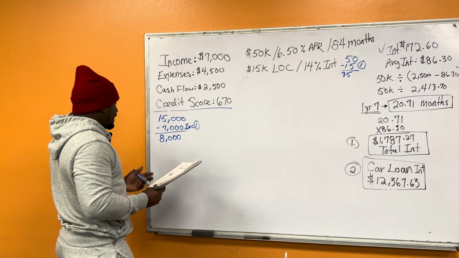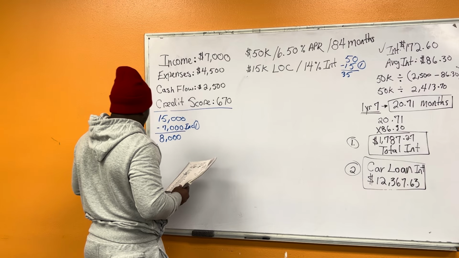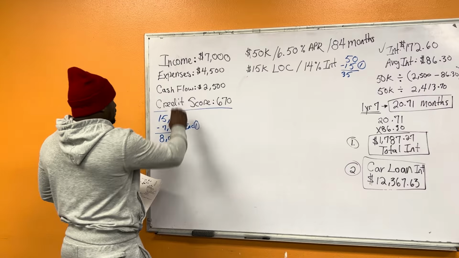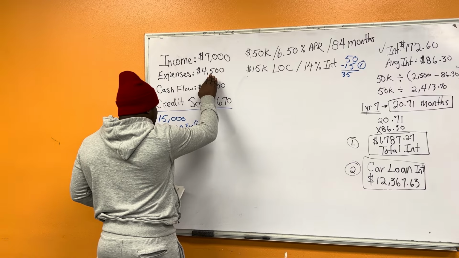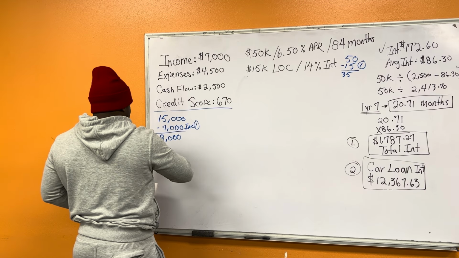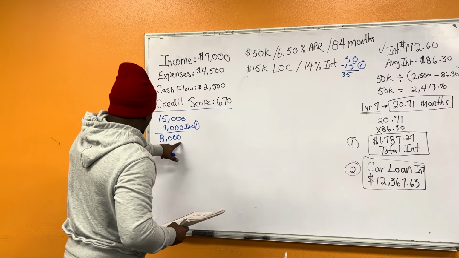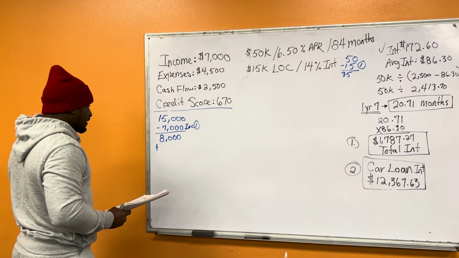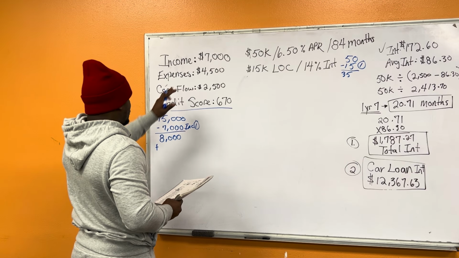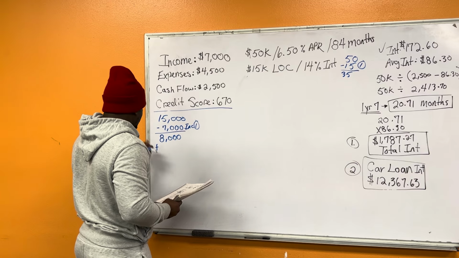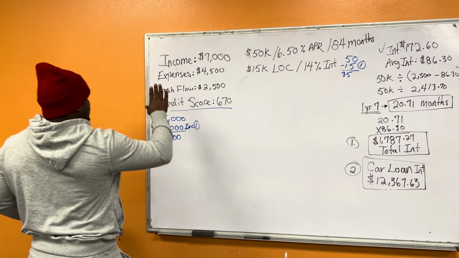Now we have to pay our debts, right? We got to pay our expenses. I'm sorry. Now we pay our same expenses, that same $4,500. We take it out of the line of credit. So this is our balance right now. 8,000 is our balance. So we can take 4,500 out of 8,000, and that's what we're going to do. Sorry.